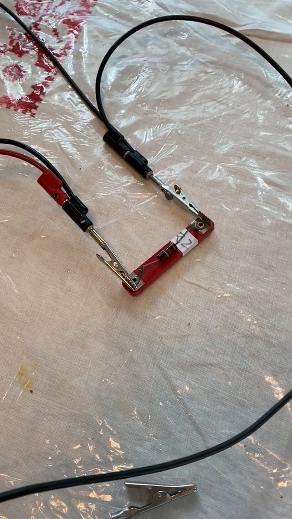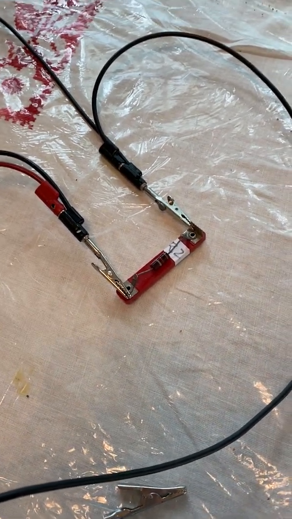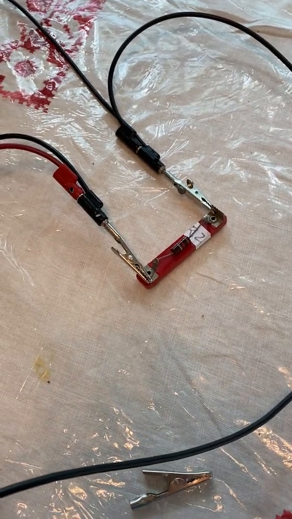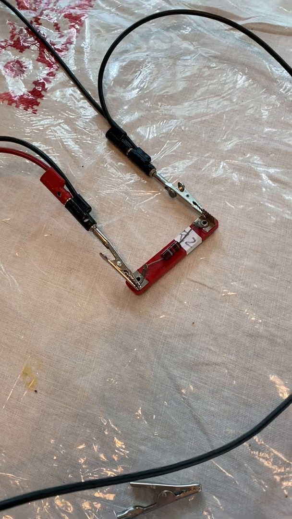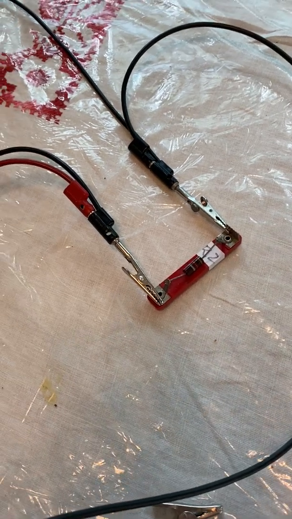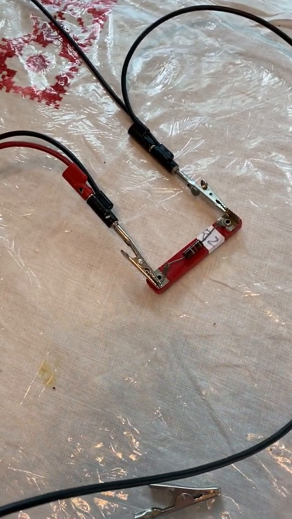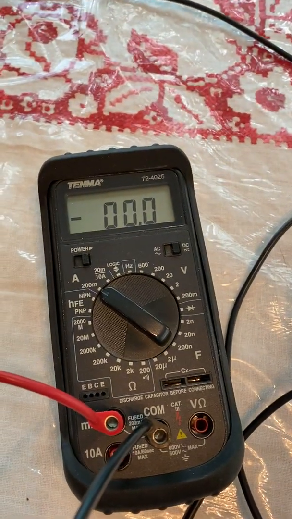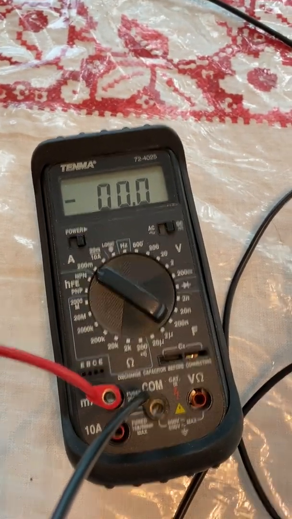But the resistor should remain constant, so when you plot voltage versus current, you should get a straight line relationship whose slope equals the resistance of the circuit. So we're asked to get 10 measurements between 0 and 15 volts and record the corresponding value of the current.